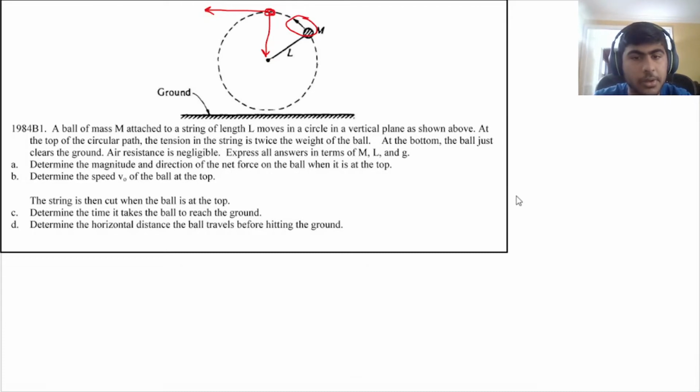For the magnitude and the direction of the net force on the ball when it's at the top, we need to find that magnitude. Fc, as always, is mass times the acceleration, and the acceleration is velocity squared over r.